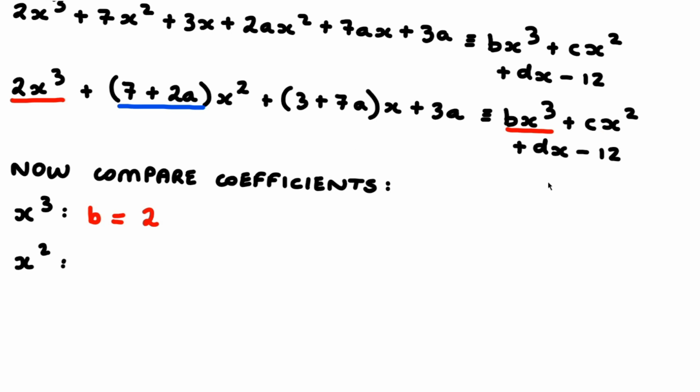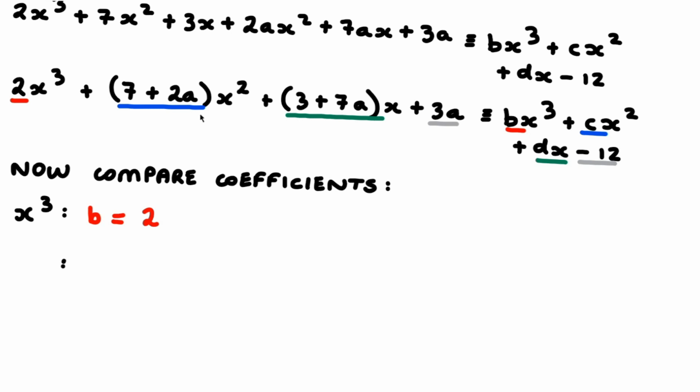Can't do much with that yet because I don't know what a and c are. If I compare the x's, well, I've got 3 plus 7a on the left, and I've got d on the right. And if I compare the numbers, I've got 3a over here and minus 12 over here.